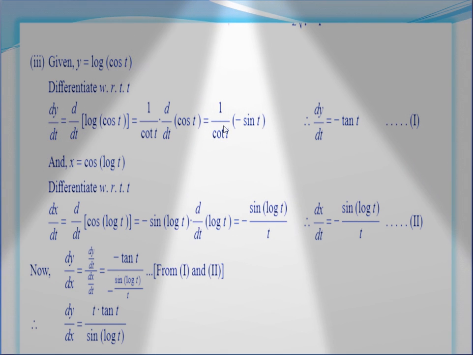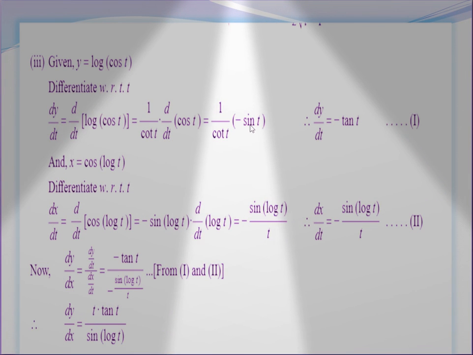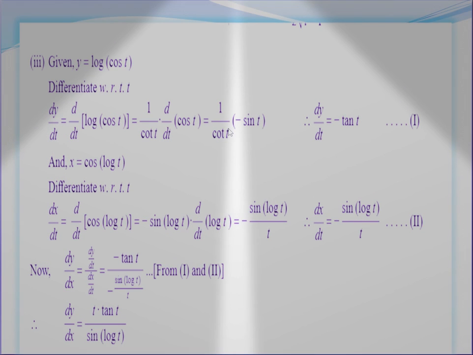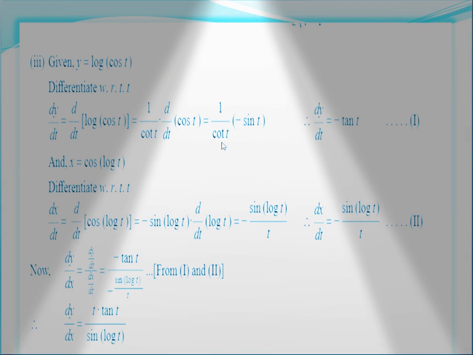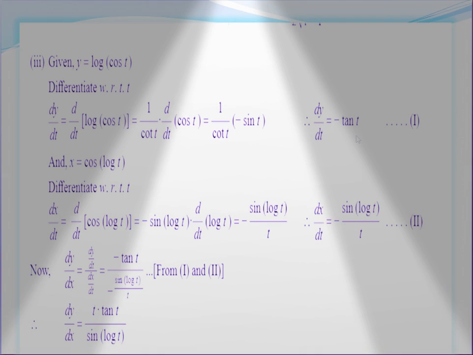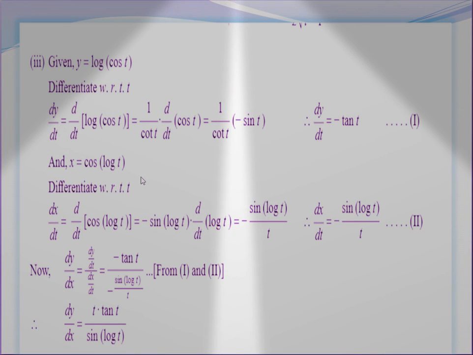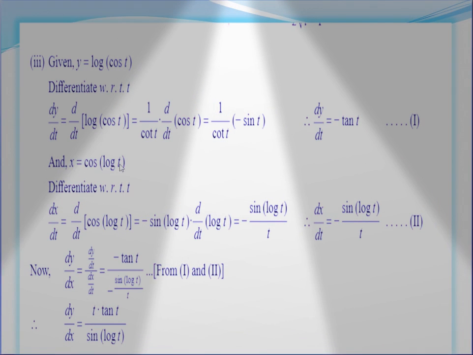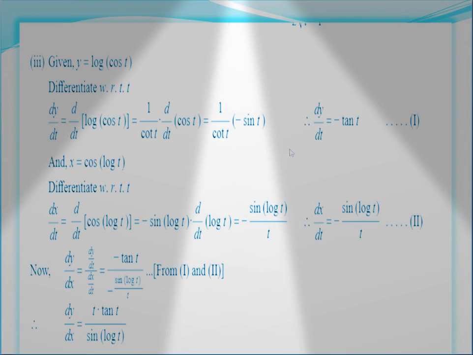That is, we get dy upon dt is equal to minus sin t upon cos t. We know that sin t upon cos t is equal to tan t. Therefore, dy upon dt is equal to minus tan t. Say this as equation number first.